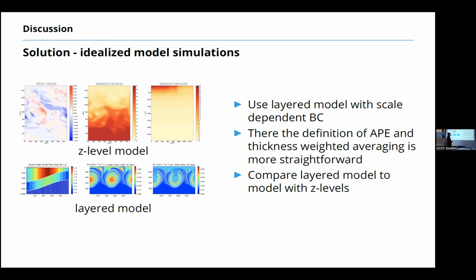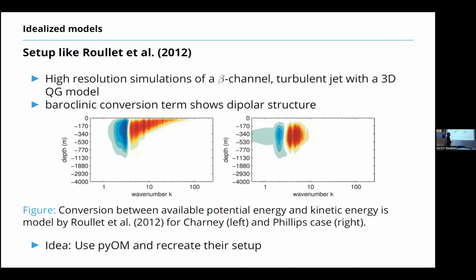You could also interpolate the layered model onto Z levels and do both diagnostics in one model. So this is the approach to resolve these two issues, and this is what I'm working on at the moment.